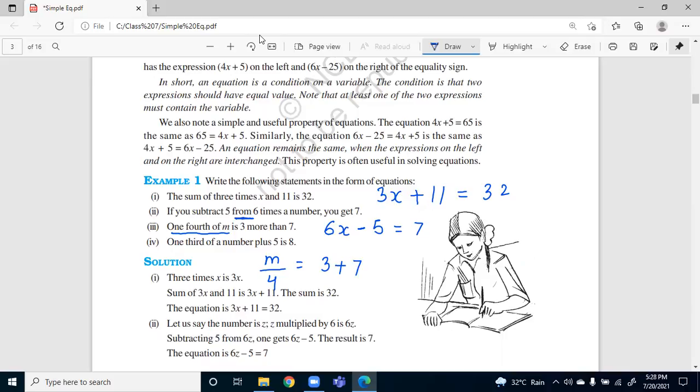So 3 plus 7, or you can write m by 4 is equal to 10. So this is the first, second, and third part of question number 1.